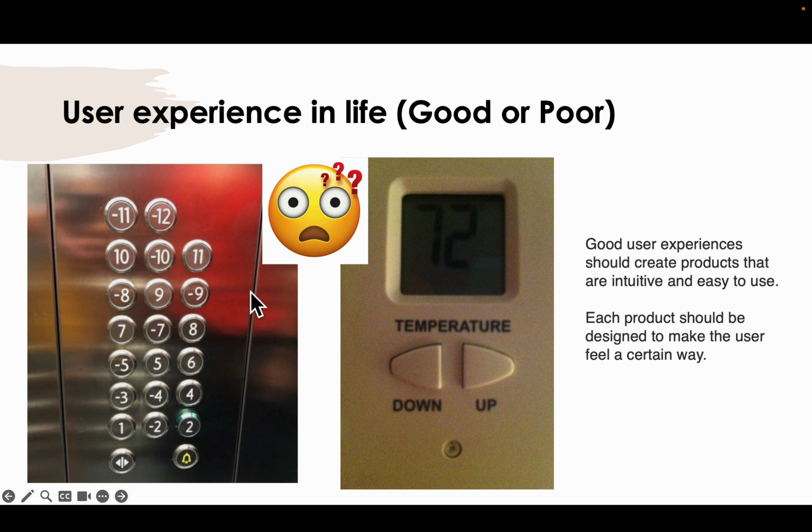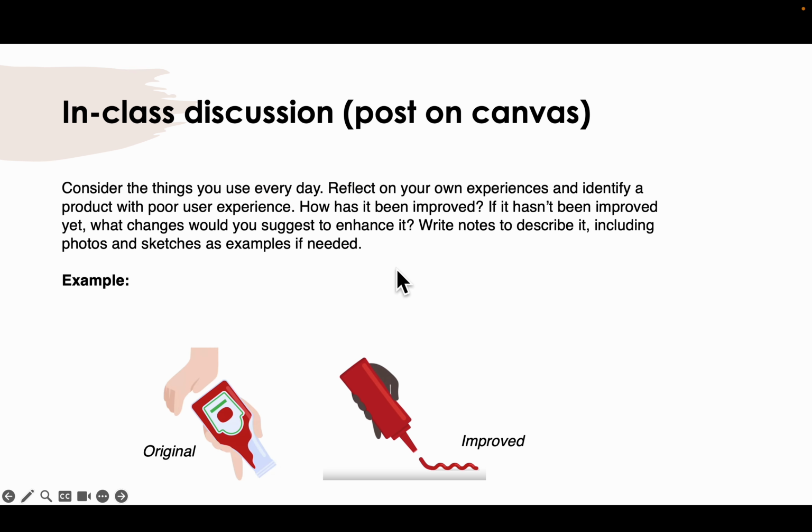A product should be designed to make the user feel a certain way. It has to follow human habits and behaviors, right? So how they display the buttons doesn't make sense to people. It makes people confused. So here are some examples of poor user experience.